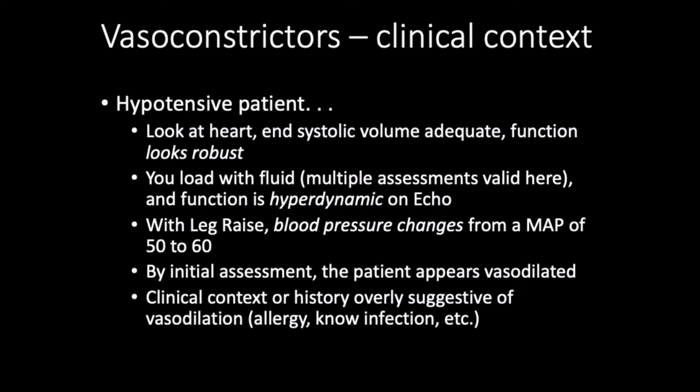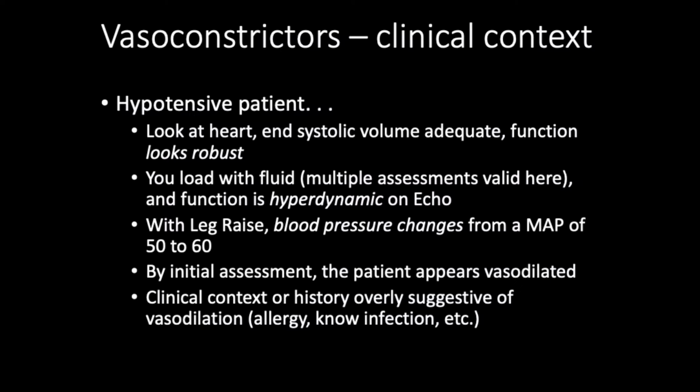So kind of analogous to what we talked about for the inotropes, what's the clinical context for vasoconstrictors? So again, you have a hypotensive patient. A neurointensive patient shouldn't be given a vasoconstrictor too. But a hypotensive patient, again, if you go down the ER, you see the patient, you look at the heart, the end systolic volume is adequate.